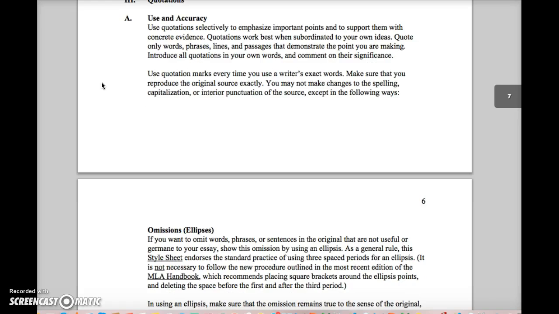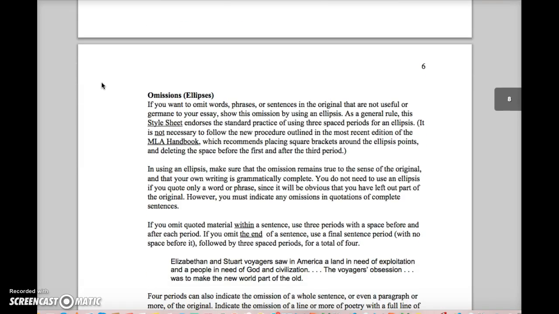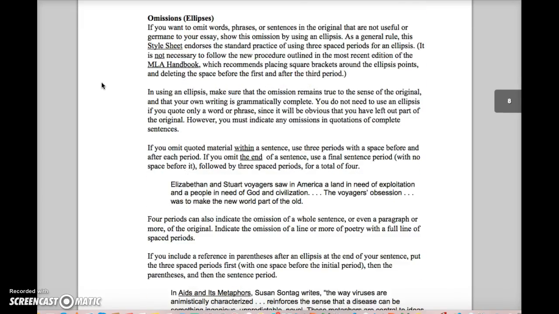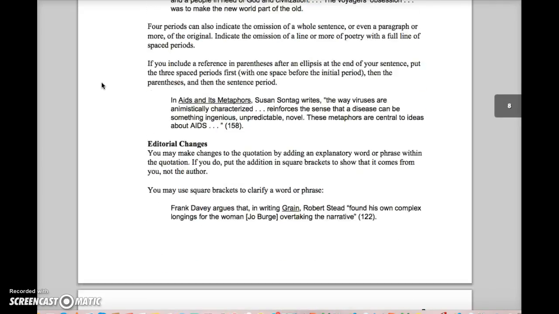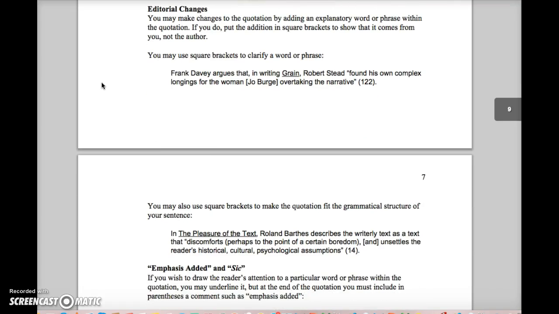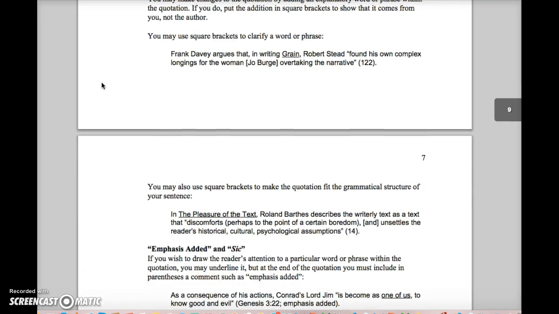For quotations, you can read through this more closely. We're going to talk about it in more detail in a minute, but if you wanted to change something in or clarify a part of a quotation, you can include that information in square brackets.